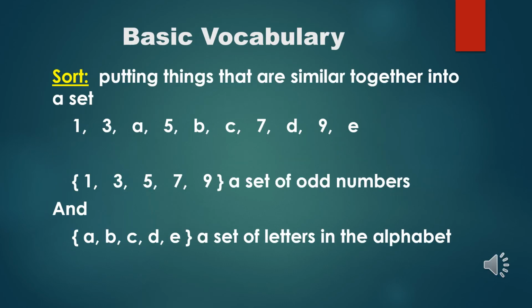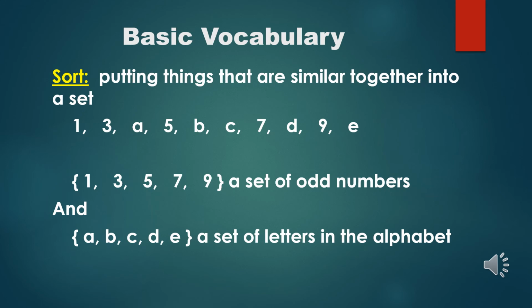You will also need to know the word sort. When you sort something, you put things that are similar together into a set. Look at the list below. 1, 3, A, 5, B, C, 7, D, 9, and E. 1, 3, 5, 7, and 9 is a set of odd numbers.